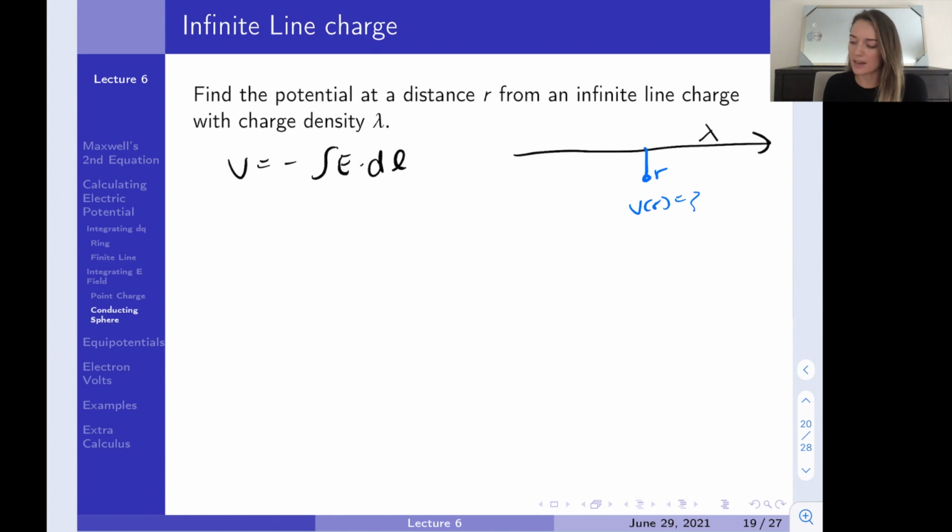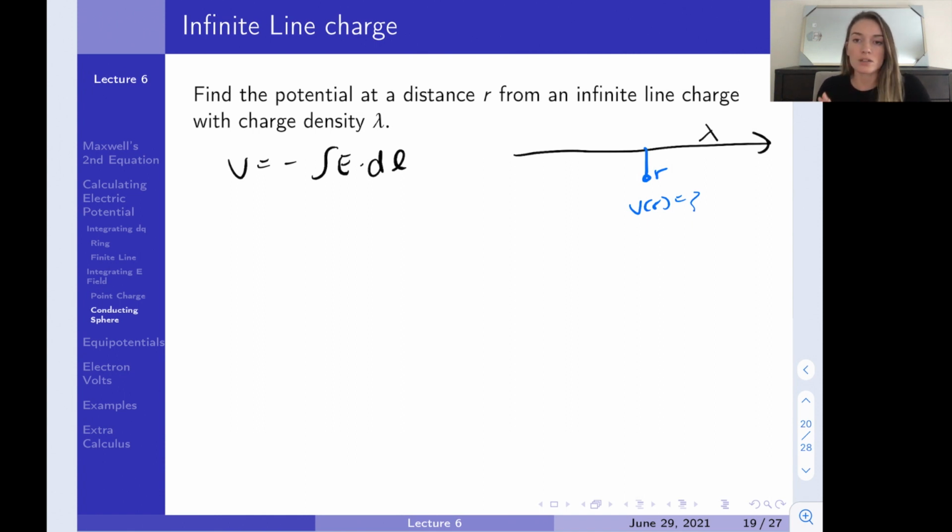The reason for that is that right away, I know what the electric field of this is. One thing I highly recommend is that you memorize the electric field of the usual charge distributions that we see a lot. An infinite line, or an infinite cylinder, is one that we're going to be using a lot. So definitely memorize the electric field for an infinite line, and make sure that you know how to use Gauss's law to find it.